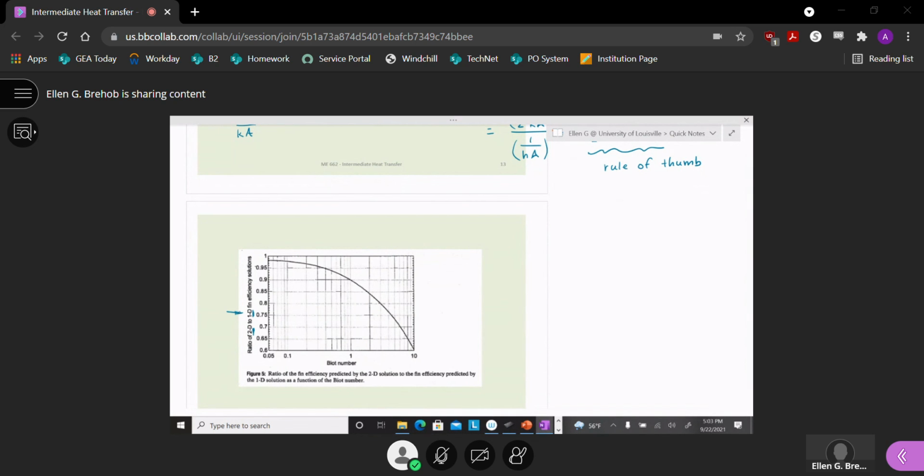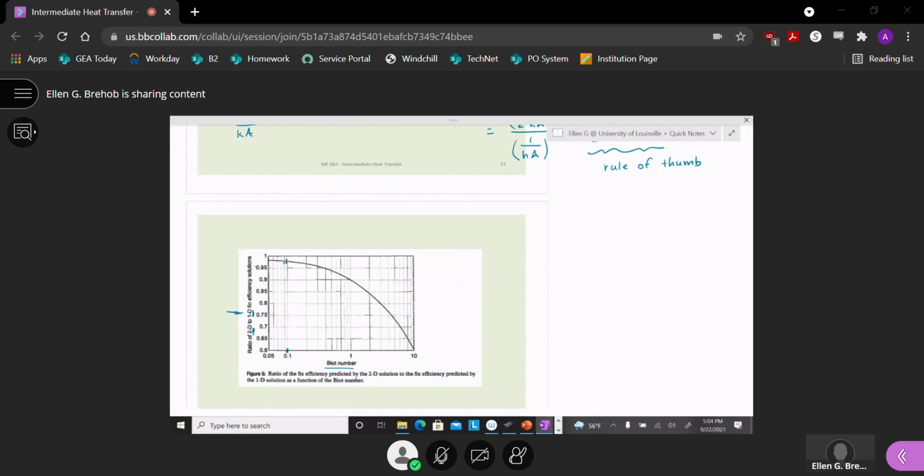And then if we did a finite element or finite difference solution, we could come up with a 2D solution. And looking at those two ratios, they're plotted as a function of Biot number, which we just talked about. So for 0.1, I'm going to say that's 0.1. The two solutions, a 2D and a 1D, do a really good job. Those two solutions are nearly the same, but it falls off as Biot number gets larger and larger.